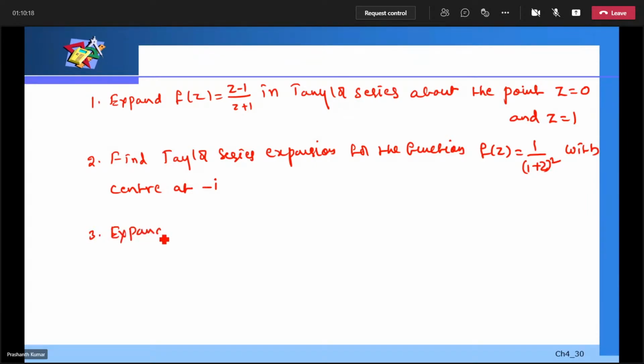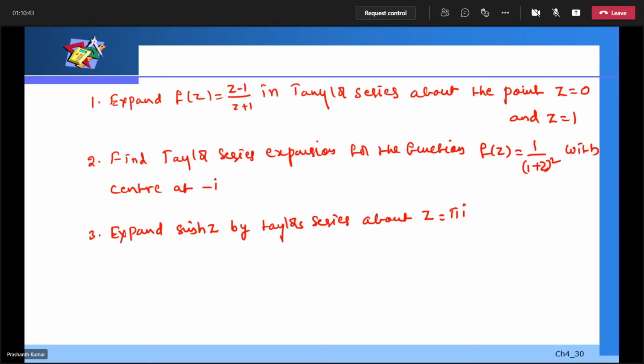Expand sinh z by Taylor series about z is equal to pi i.